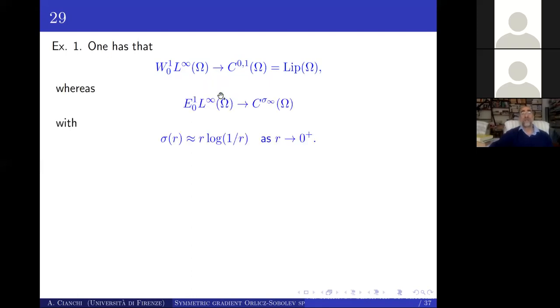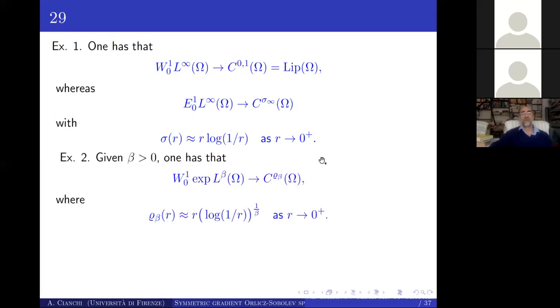But if the symmetric gradient is bounded, which means E1 L infinity, then we only have an embedding into the space C sigma infinity, where this modulus of continuity is not just R. R would be Lipschitz. We have a perturbation which makes this function sigma slightly worse, a logarithmic perturbation near 0. And this is optimal. So there is a gap between these two embeddings.